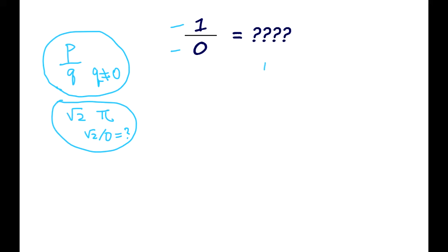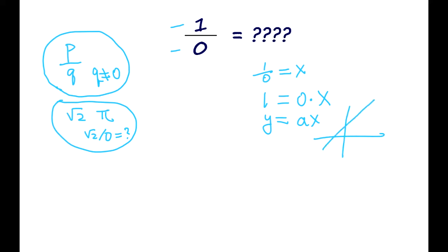Well, how does it make sense? Say 1 over 0 is some kind of number, right? So 1 equals 0x. You remember y equals ax. So this is like the intersection of y equals ax and the y coordinate; that's the root, that's the answer, right?